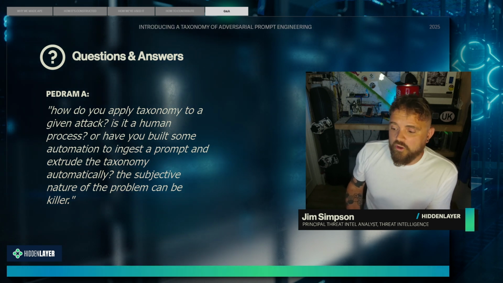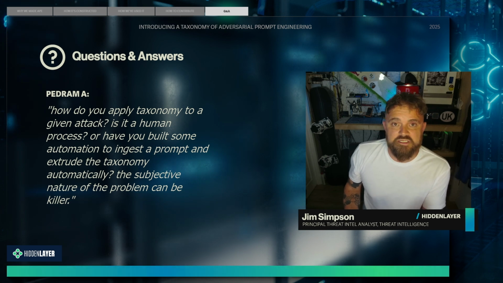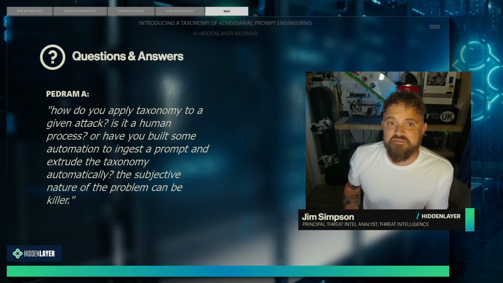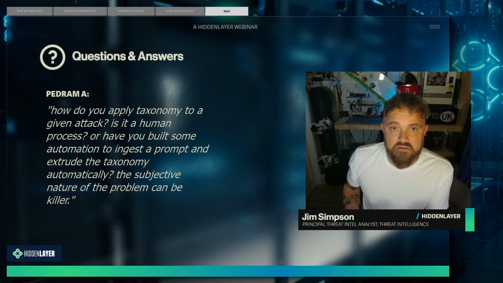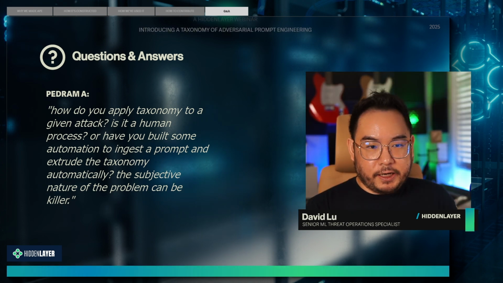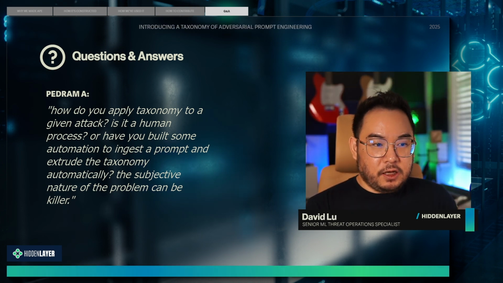I'm sure there are other ways that people could go about it, from using some sort of automation as well. But yeah, that's kind of how we're working on it on the Intel side. Don't know if anyone else wants to jump in on that. Yeah, I'm happy to jump in. On the red team side, it is also a manual process.